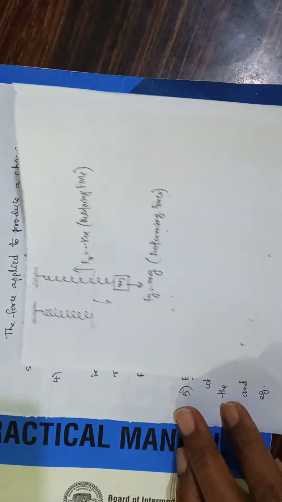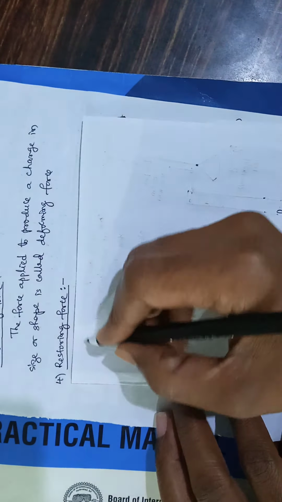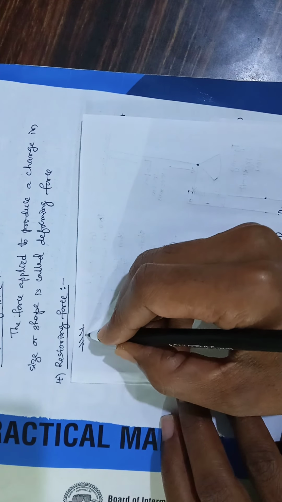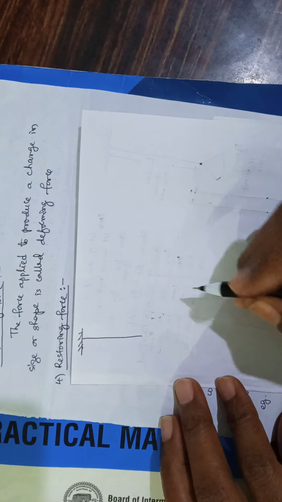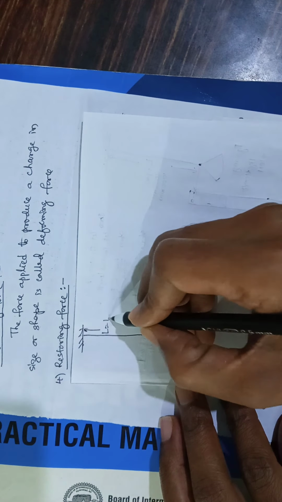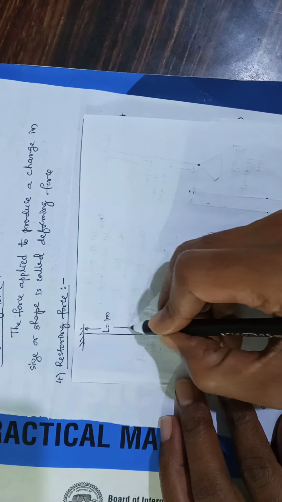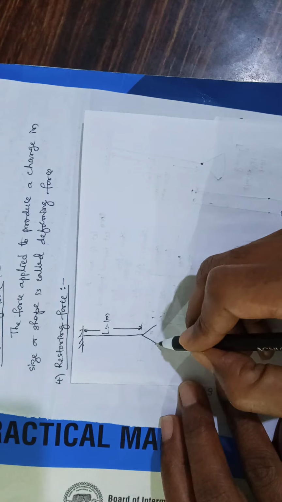You can take a steel wire. From a rigid support, you suspend a steel wire of 1 meter length. Okay, to this you attach a pan.